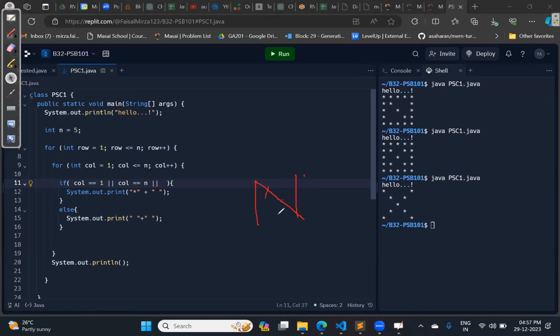So what is the condition for this? We can say that row and column values are equal over here. On OJ it might be possible to check for these spaces as well. Now let us see that, when row equals column. Okay, run this.